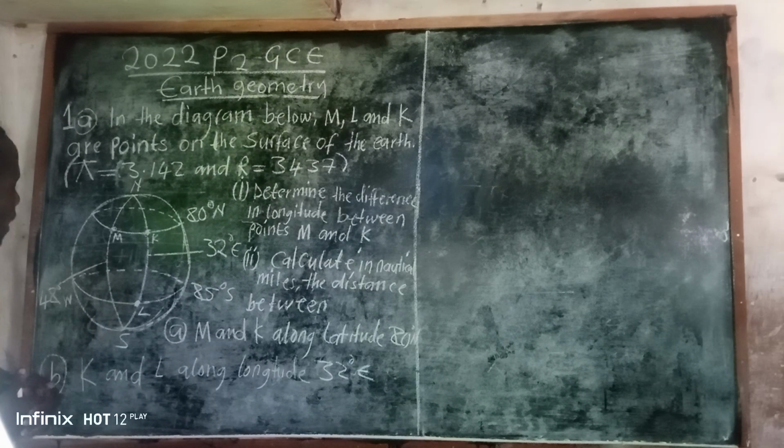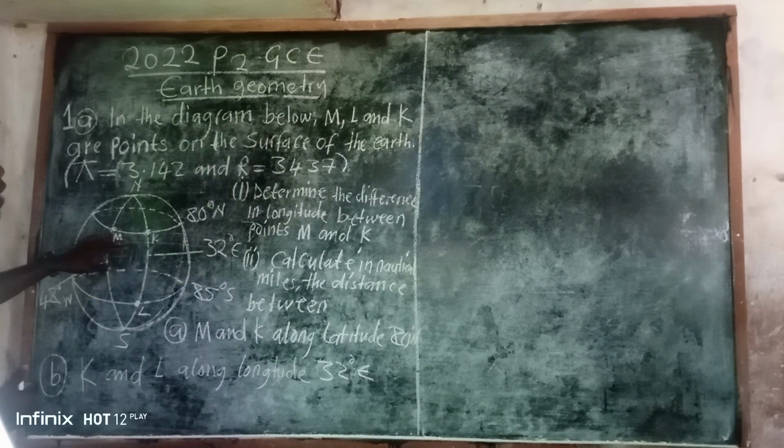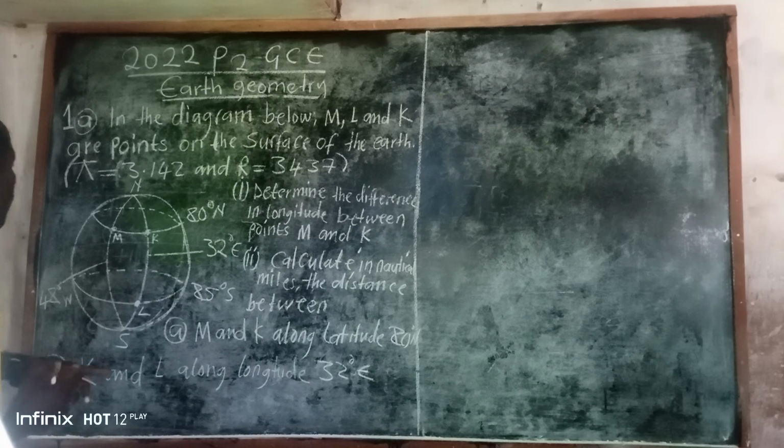So let us see the points that we have here. Are they lying on the same side, or on different sides? Point M lies on the longitude of 48 degrees west.